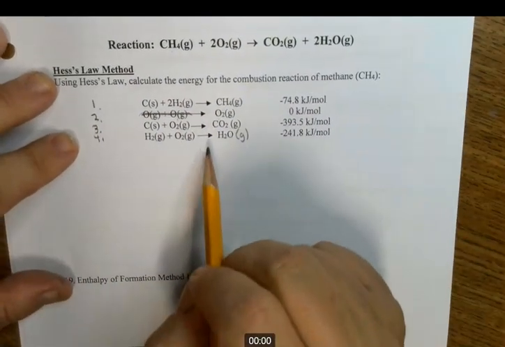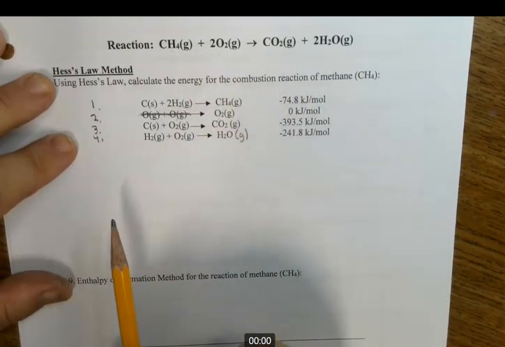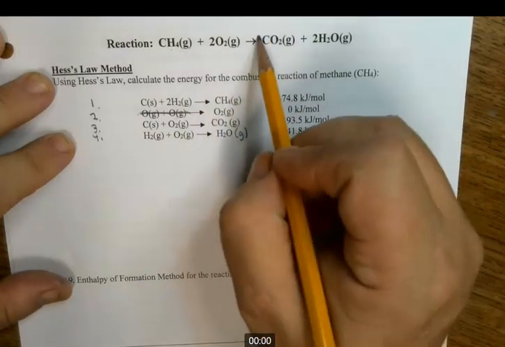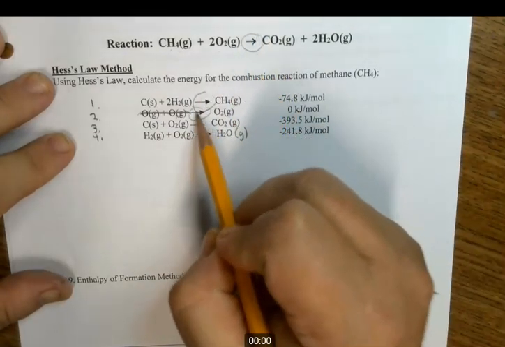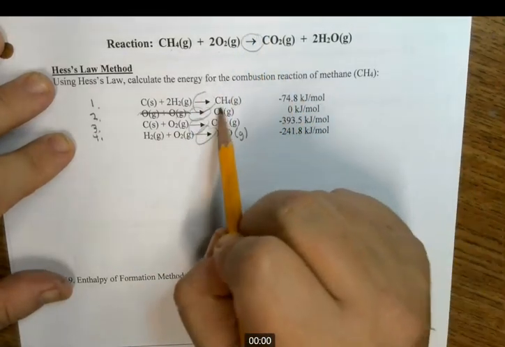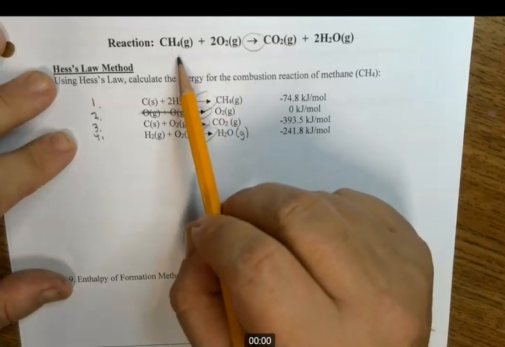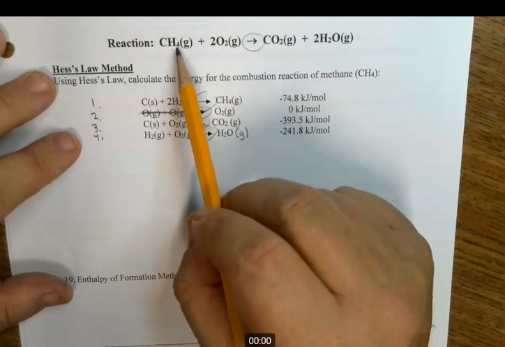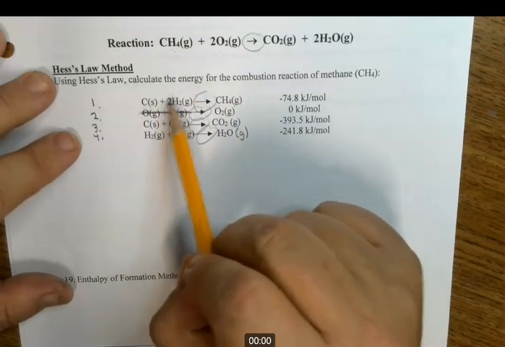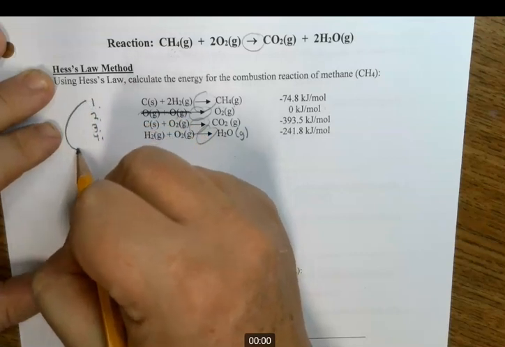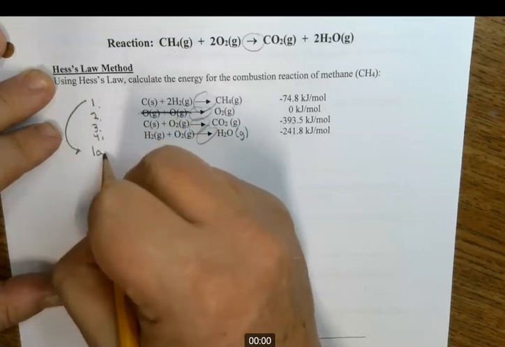And let's see how we can arrange these to look like this equation up here. So we see the first one has CH4 on the right-hand side of the arrow. Then I'm going to circle the arrows the way I like to do it. CH4 is on the right side of the arrow. Up here in the target reaction, the one we're trying to match, it's on the left-hand side. So that means you're going to have to reverse number 1. So I'm going to bring it down here. I'm going to call this 1A.